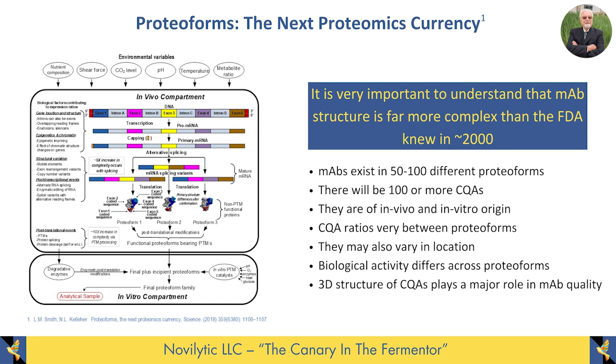A gene can be expressed in many ways and make a family of molecules from a single gene. As we see over here, you can actually get 50 to 100 different forms of a molecule, all with different biological activities, but they come from a single gene. So what that means is that as you use a mammalian cell to manufacture a monoclonal antibody, that monoclonal antibody is not one type of molecule.